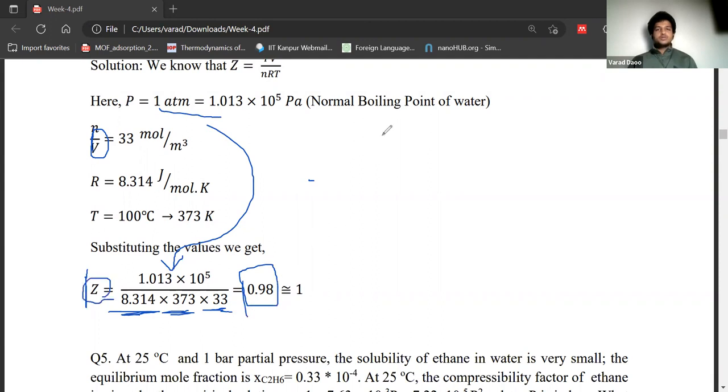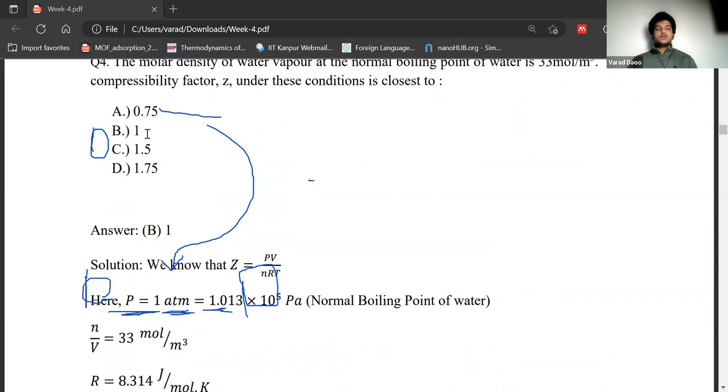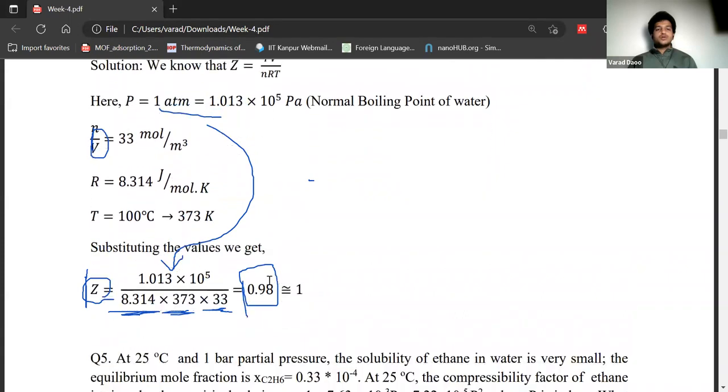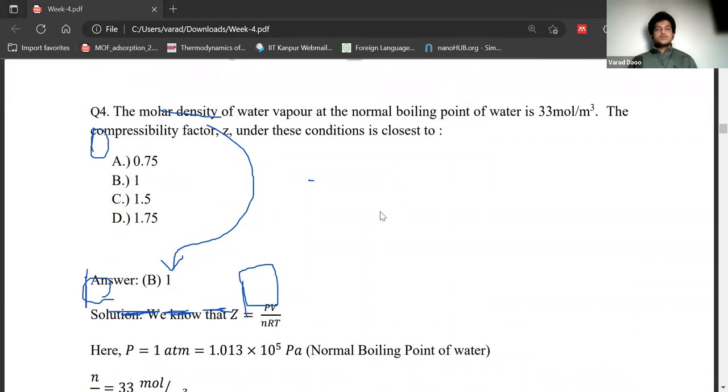If you look at the options, you don't get 0.98, but it is very close to 1. Hence, the correct answer is option B.